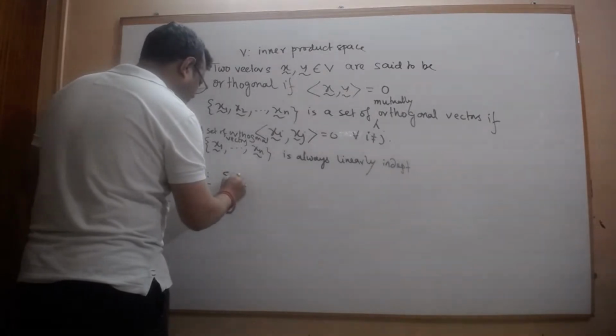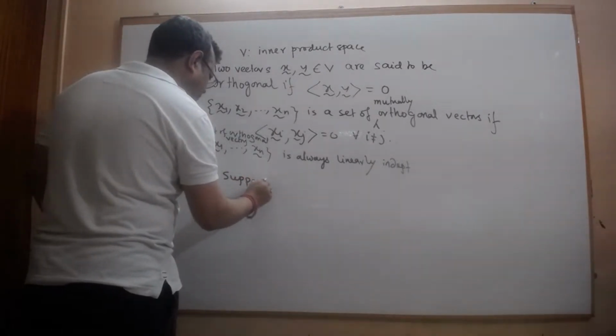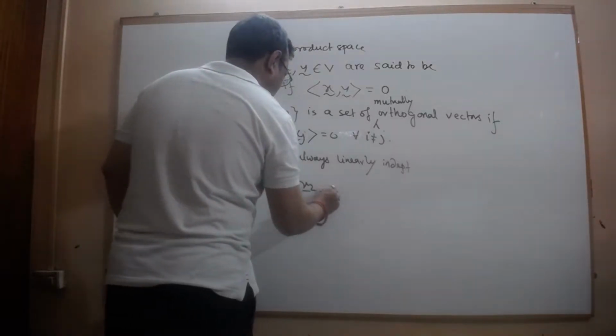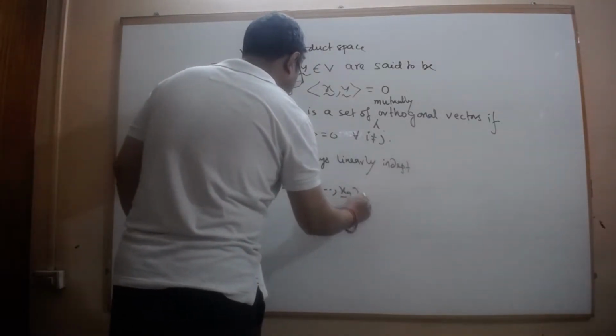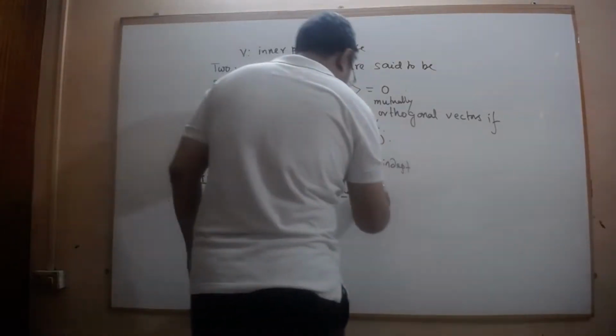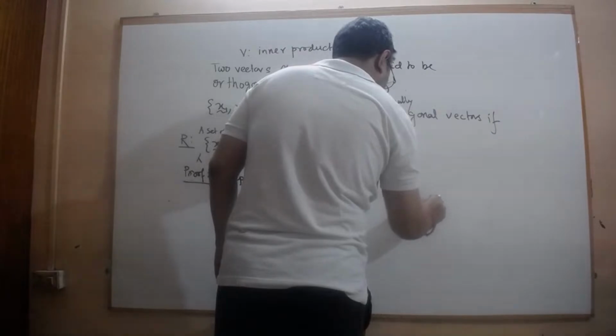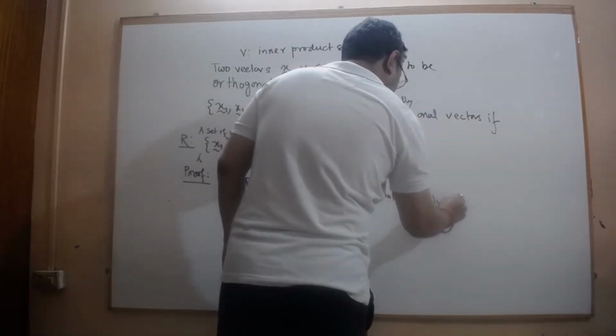Suppose x1 curl, x2 curl, up to xn curl is not linearly independent.